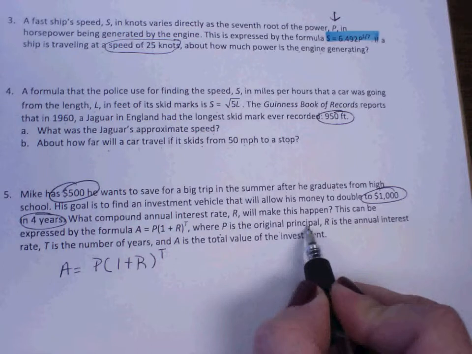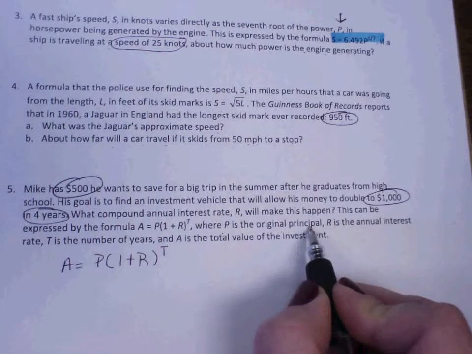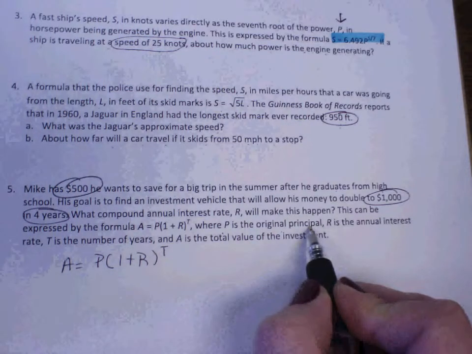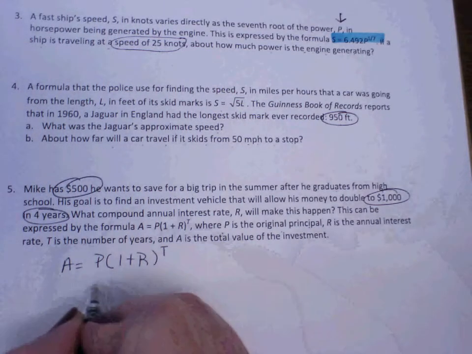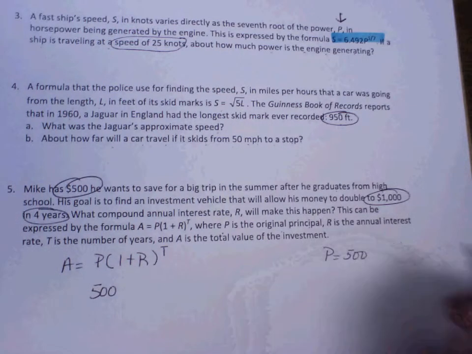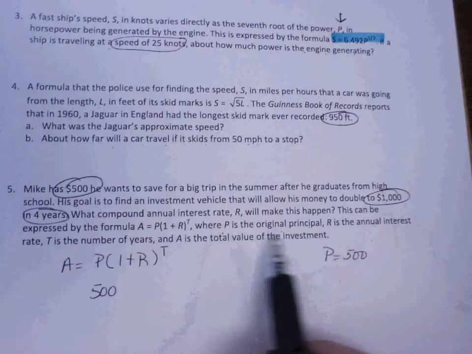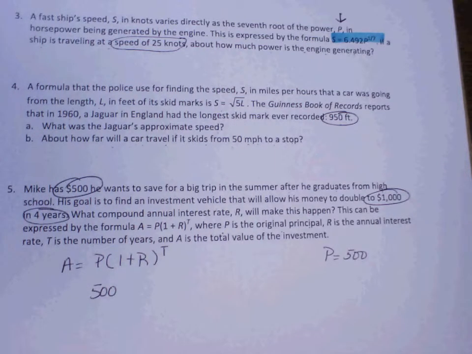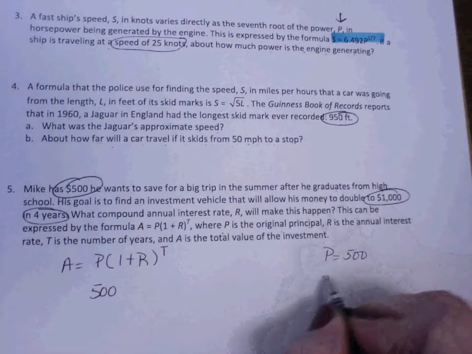This can be expressed by the formula A equals P(1 plus R) to the T. I teach this to Math 8, where P is the original principal. So that's the original amount. What is P? 500. So the original amount was 500. R is the annual interest rate.